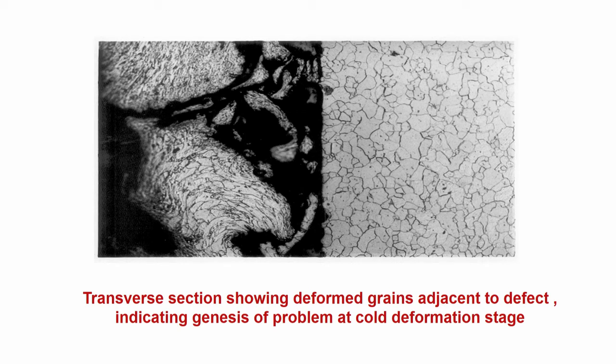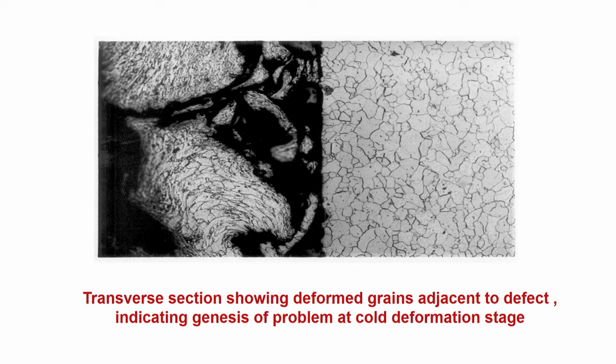So, you know that the genesis of the problem is due to excessive cold deformation, lack of lubrication. That is why the grains have got deformed, which is an unusual microstructure. So, here normal optical microstructure has revealed that in the defect area grains had got deformed, different from the normal grains present in the defect free area.